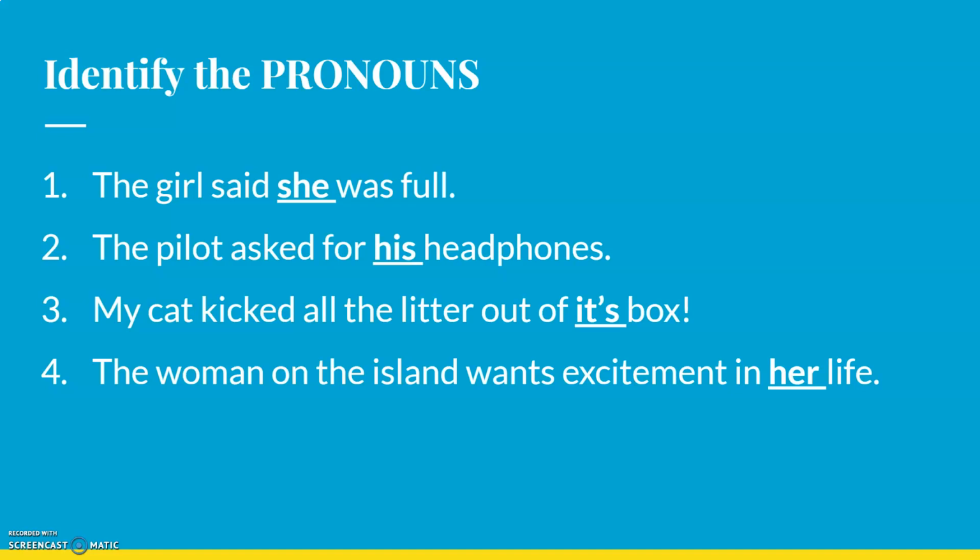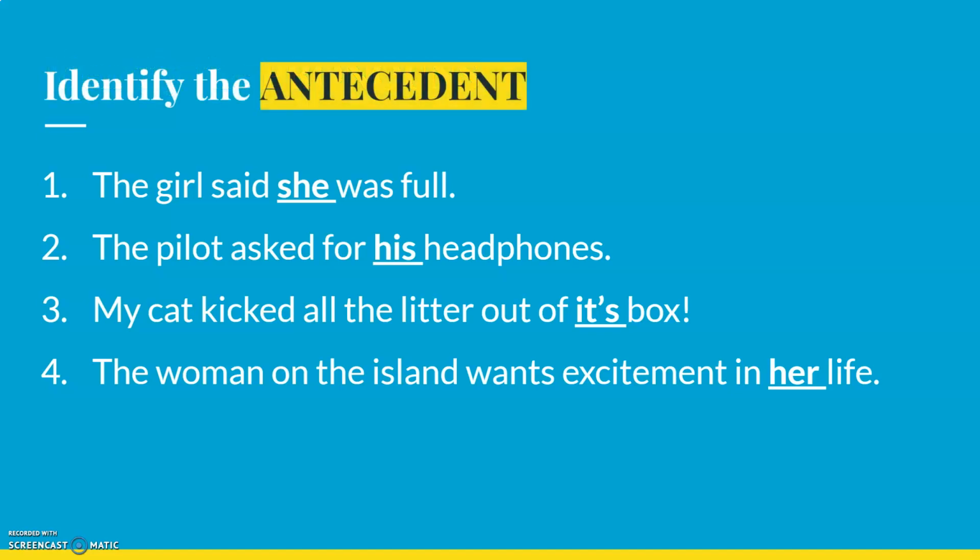So now that we have the pronouns, we are going to find the antecedent. The girl, the pilot, my cat, and the woman, right? Those are the nouns. Once you use a pronoun, the nouns then become the antecedent.